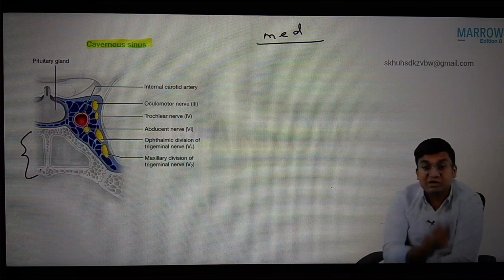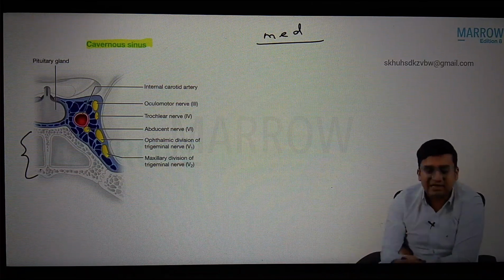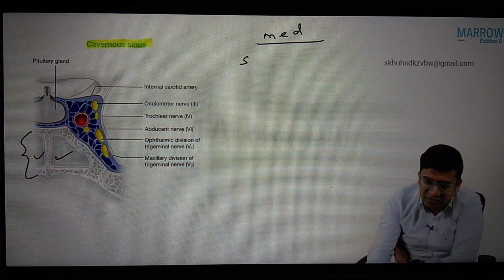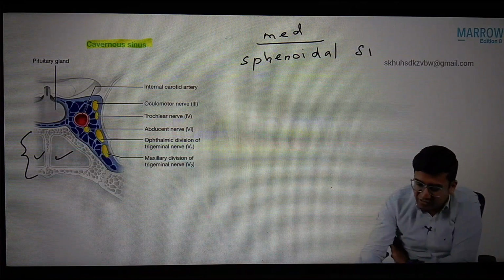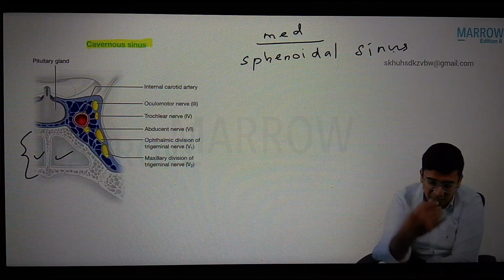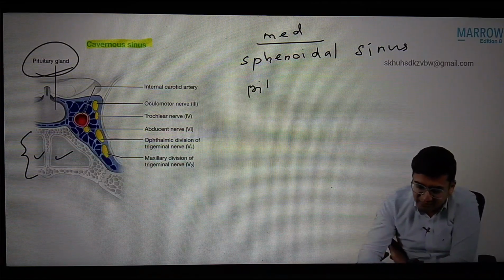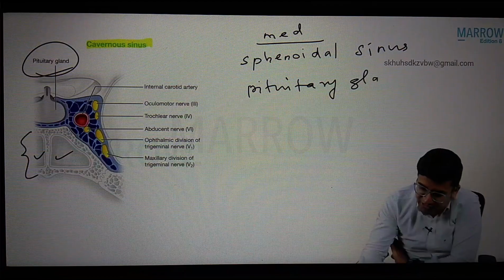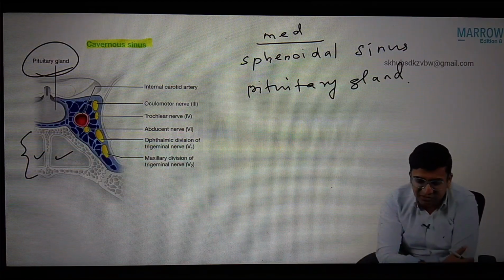What bone? Sphenoid bone. Inside the sphenoid bone, we have a space filled with air. These spaces are called sphenoidal sinus. Above the sphenoidal sinus, we have a gland. Which gland? Pituitary gland. Okay. So medial to the cavernous sinus, we have sphenoidal sinus and the pituitary gland.